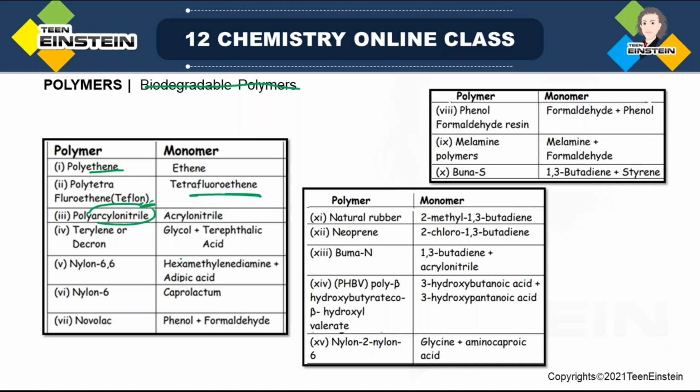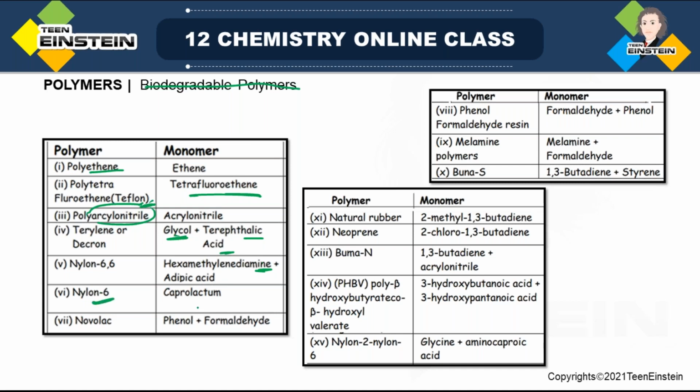Terylene or Dacron. Now two monomers are involved, so directly you cannot understand. It is glycol, 2 carbon, 2 OH, and terephthalic acid, benzene ring, 1 and 4 position, 2 CO2H. Nylon 6,6, here also two different monomers. In one monomer you have an NH2 group, in the second monomer you have CO2H.